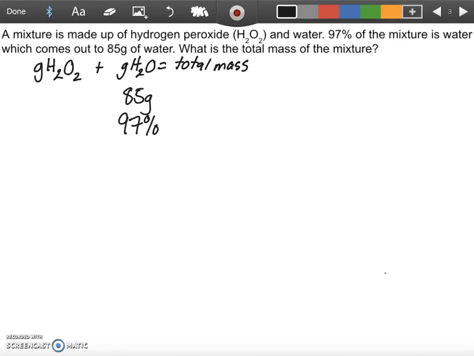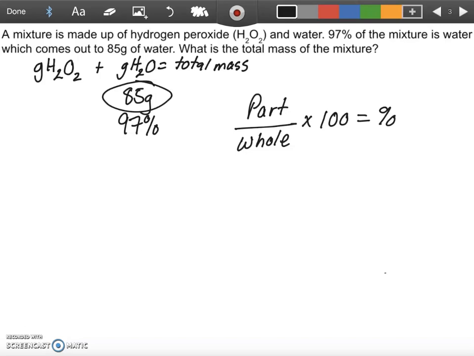If you think back to percentages, ladies and gents, recall that if we take the part of something, divide it by the whole thing that part came from, and multiply it by 100, that'll give us the percent that part contributes. We know what the part is: that's the 85 grams. We don't know what the whole is, but we can figure that out because we know the percent.